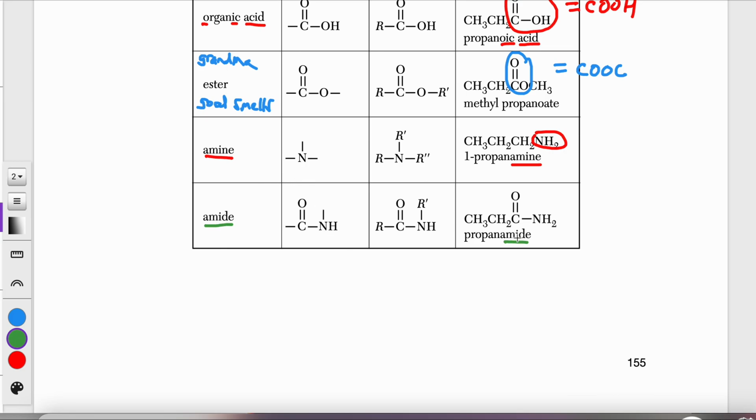But take a look at the difference. The difference is that you will still have the nitrogen, but you will also have the oxygen. We won't be drawing or naming, but you may need to classify. Like you might be given a structure of an amine or amide and need to classify it. So just know what to look for. Use your Table R.